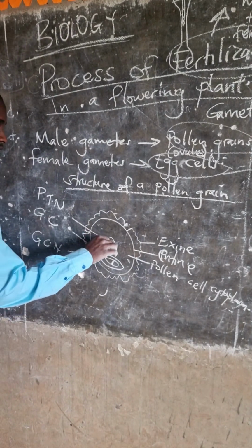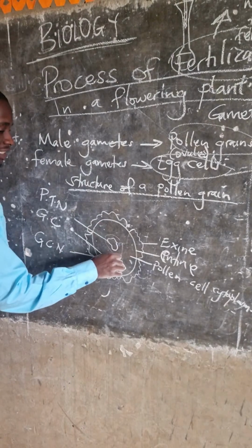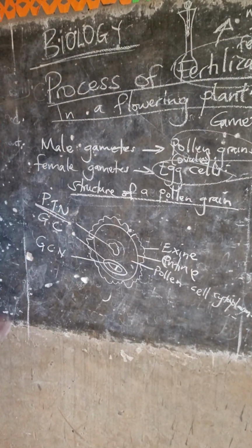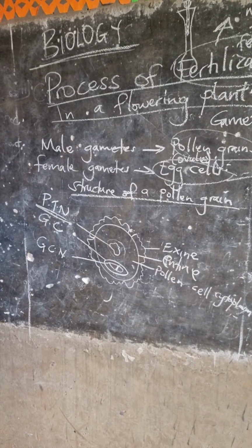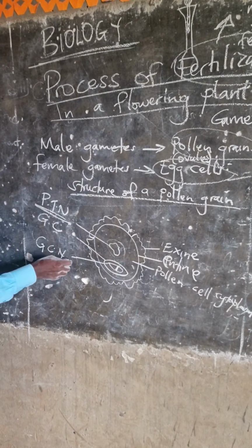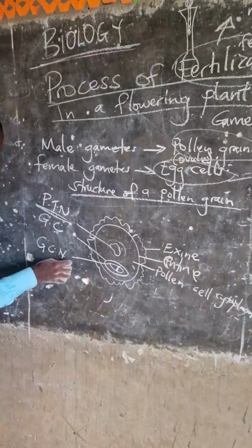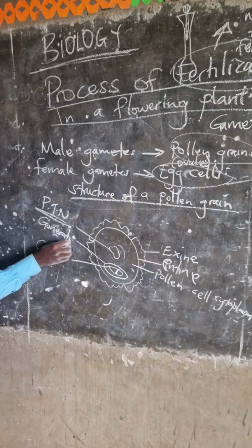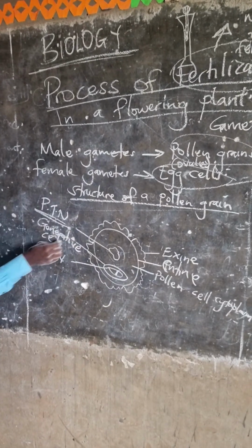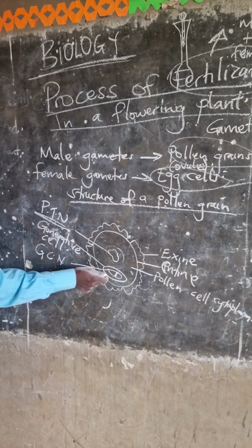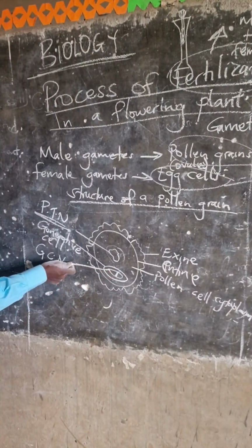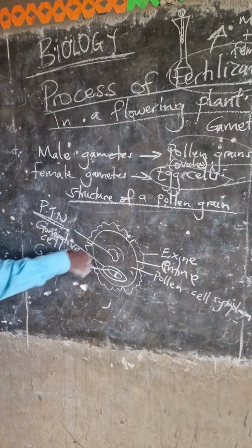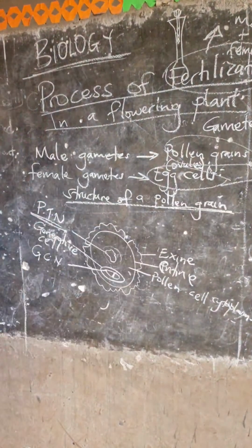Within the cytoplasm, there is the pollen tube nucleus, and another cell we call the generative cell. Inside the generative cell, there is a nucleus we call the generative cell nucleus. So this is the structure of a pollen grain.